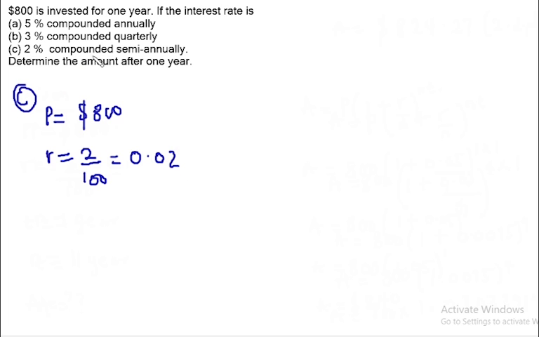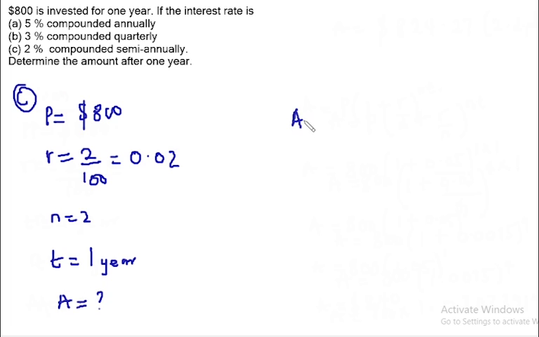Compounding happens semi-annually. That's half a year. You have 2 half-a-year periods in a year. So n is equal to 2. The time period we're looking at is t is equal to 1 year. And we are still asked to find the amount. So we do what we've been doing before.